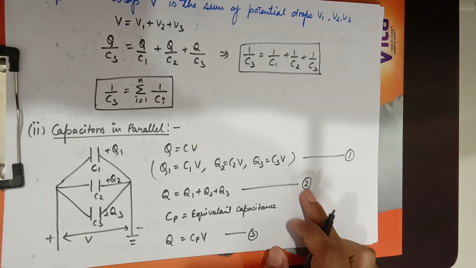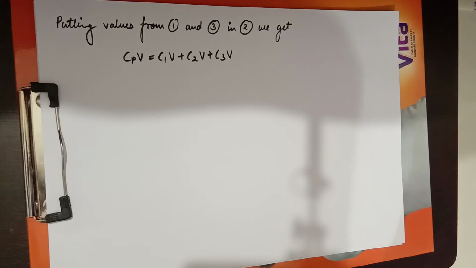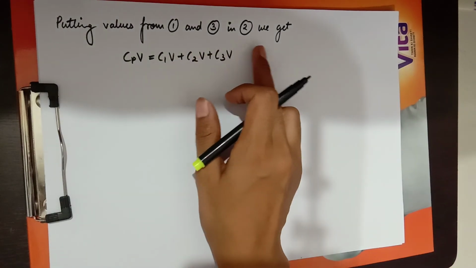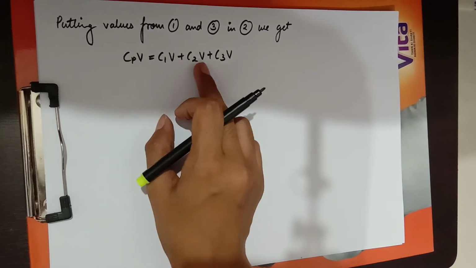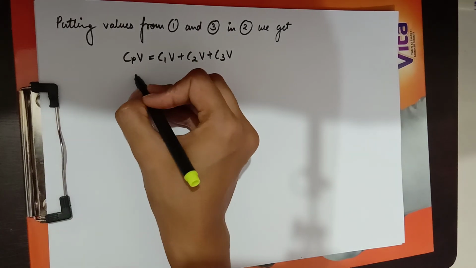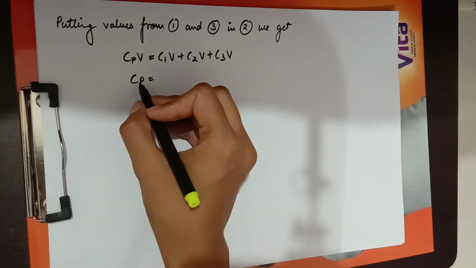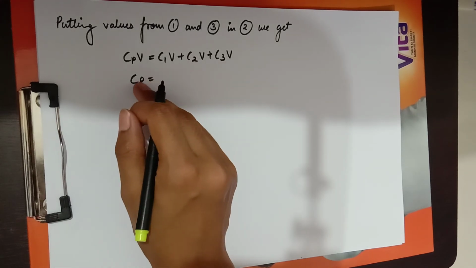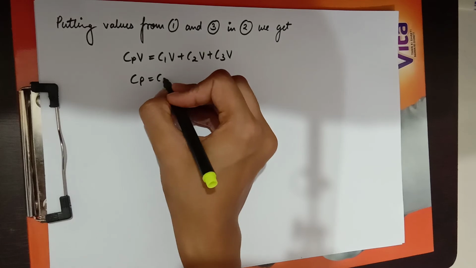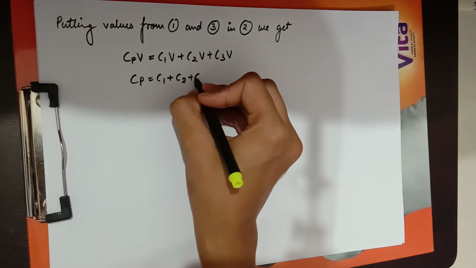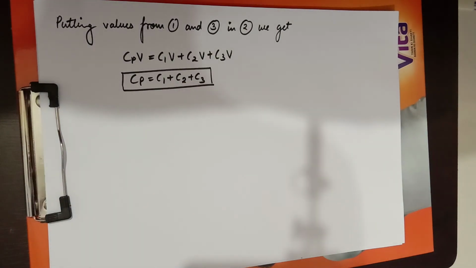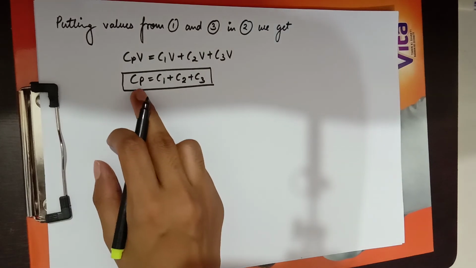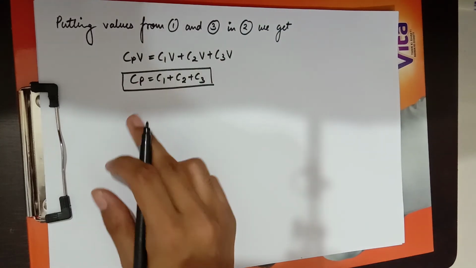Putting values from equations 1 and 3 in equation number 2, we get Cp into V is equal to C1V plus C2V plus C3V. After calculation, we get the equivalent capacitance for the parallel combination as Cp is equal to C1 plus C2 plus C3. So this is the formula for the equivalent capacitance when capacitors are connected in parallel.